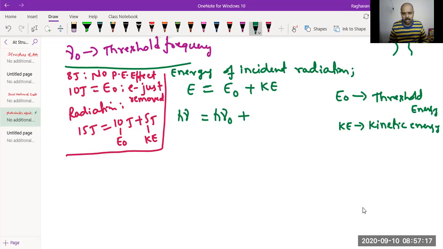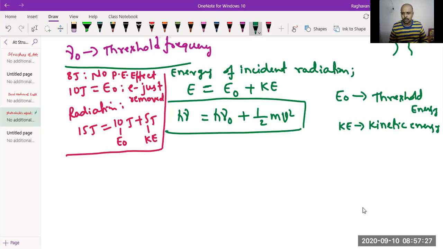Kinetic energy is half m v square, the expression for kinetic energy. Okay, so just know about it. Sometimes there may be problems on this. Also they call this E naught the work function. Different terminologies are used. Work function is the minimum energy required to remove the electron from the metal surface.